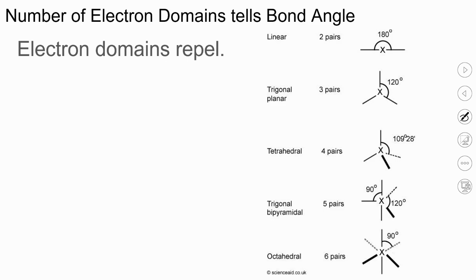I'm just taking my tetrahedral one. Okay, so I have something that looks like water now. I have 2 hydrogens and 2 lone pairs.